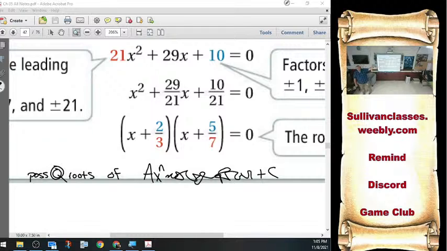Technically, we're supposed to write this out in sequence notation, but it might break your brain. I take all the factors of C over all the factors of A.